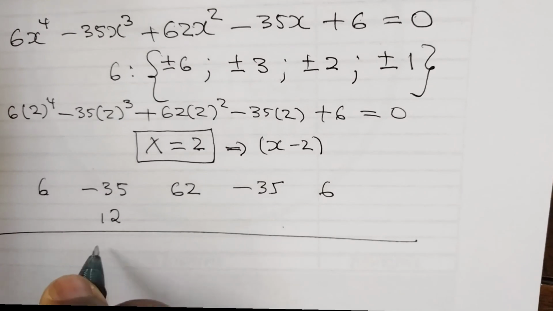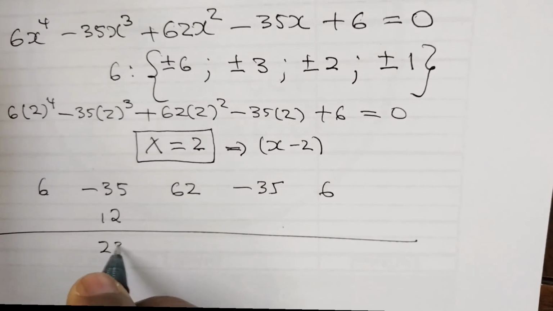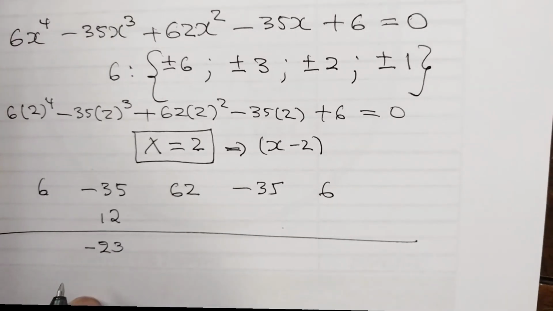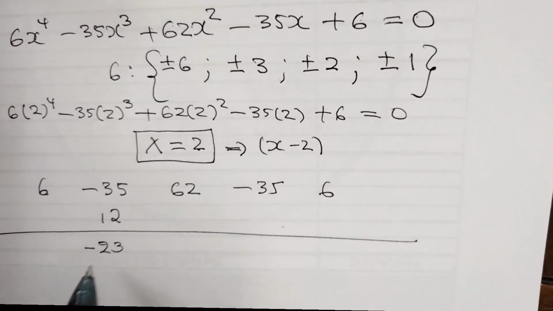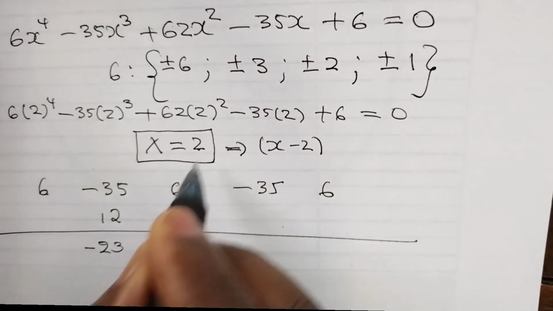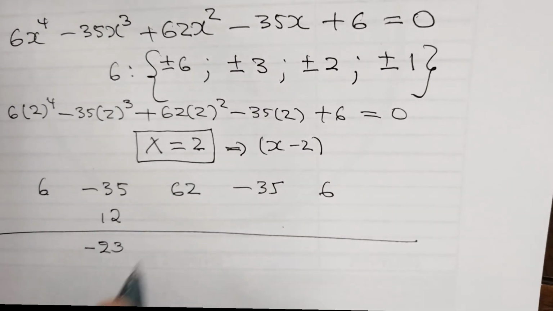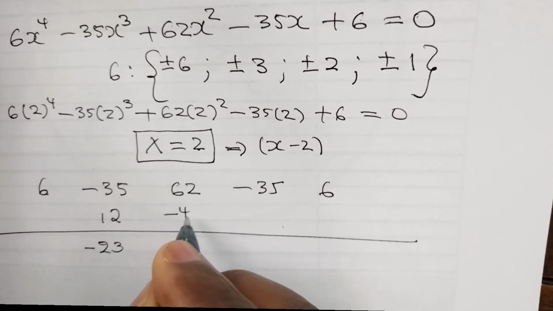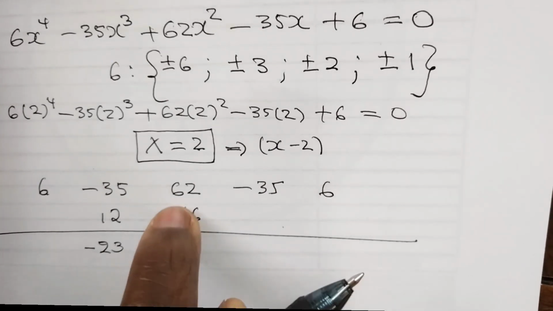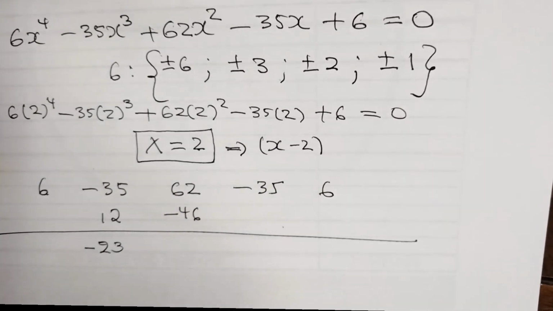This equals minus 23. Then minus 23 times 2 will be minus 46. Then 62 minus 46.